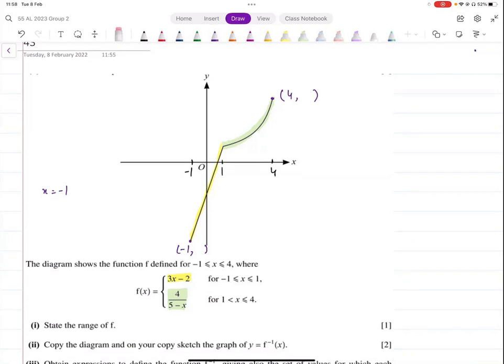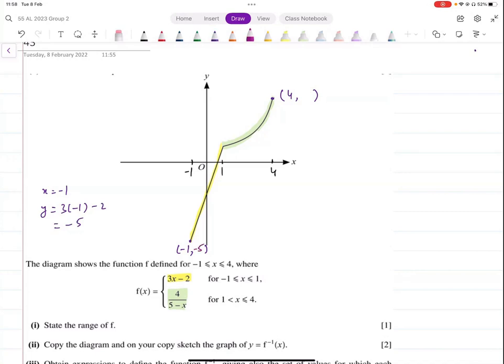We have to input that in the first function, remember, because यहाँ पे इस point में first function valid है. We get y equals 3 into -1 minus 2, and that is -5. So the y coordinate here is -5.